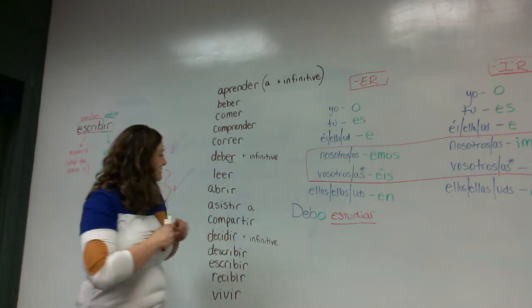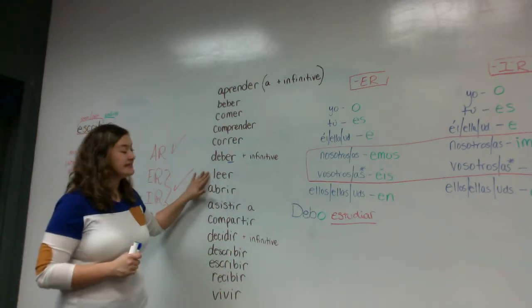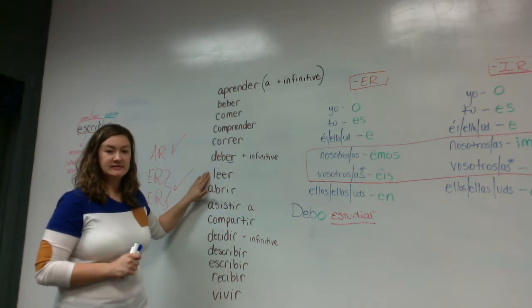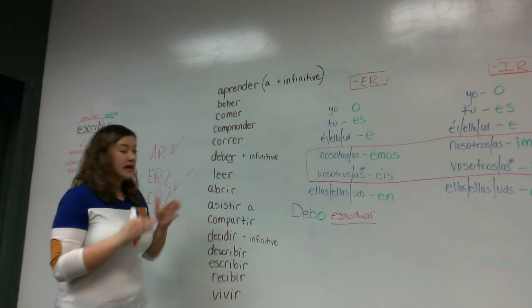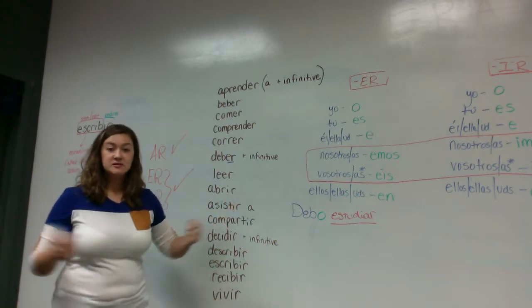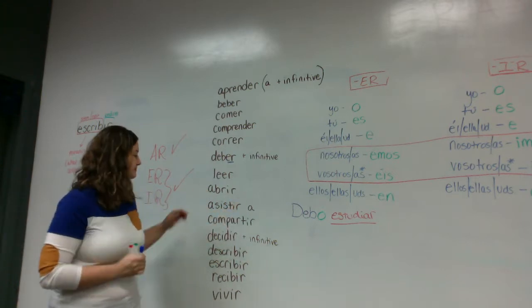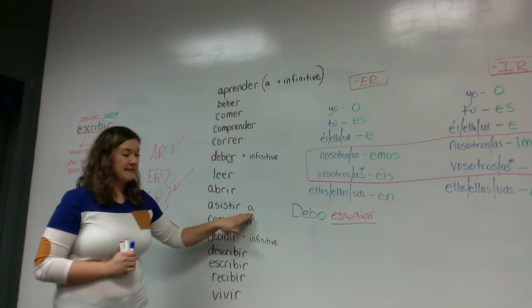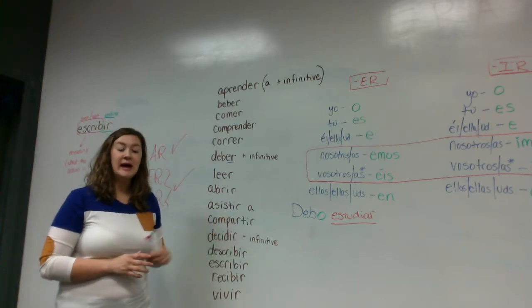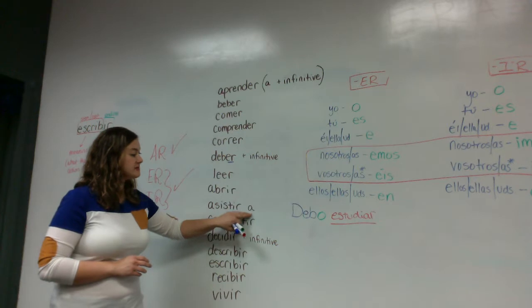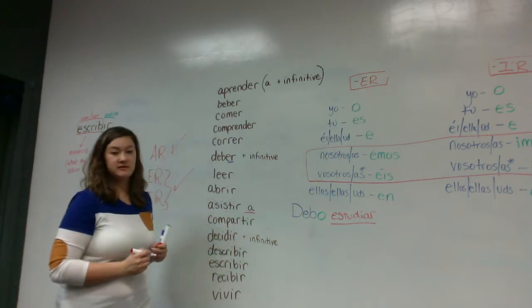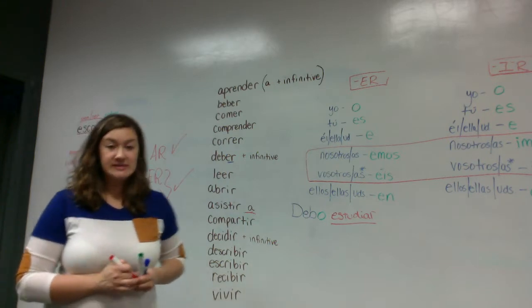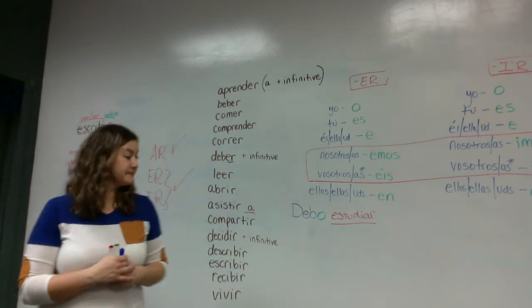Okay, let's keep going. Leer means to read. Abrir, to open. Asistir a. And the verb asistir a is always going to go with the a, always, even when you conjugate the verb, because it's to attend something.